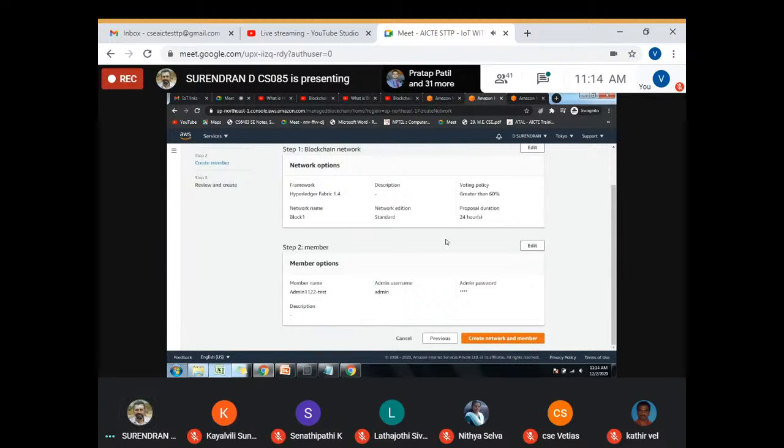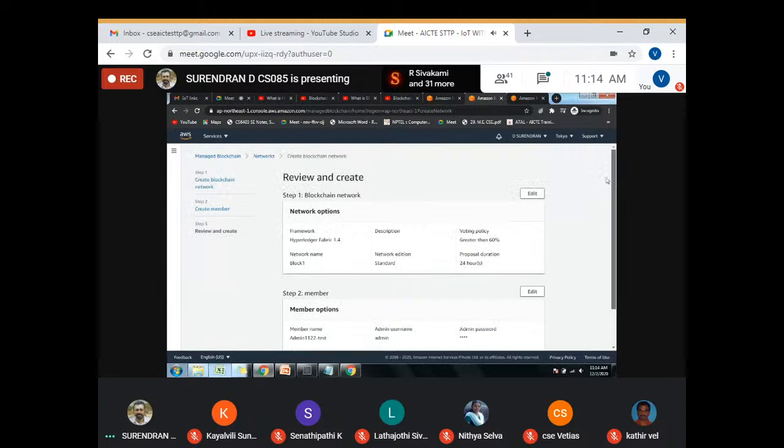So it is a token, and then it goes to the review and create, the third step.